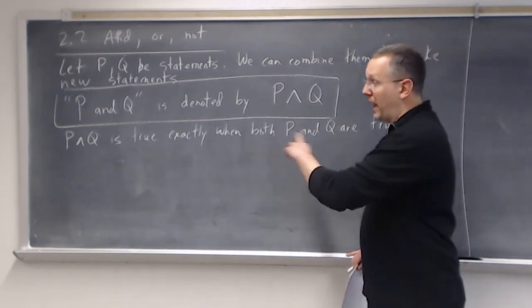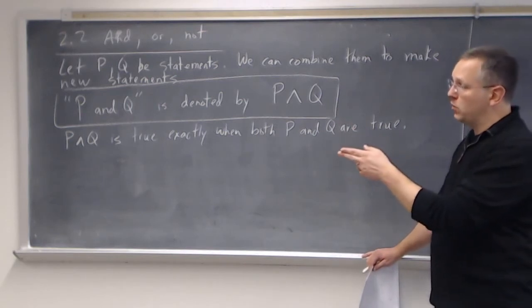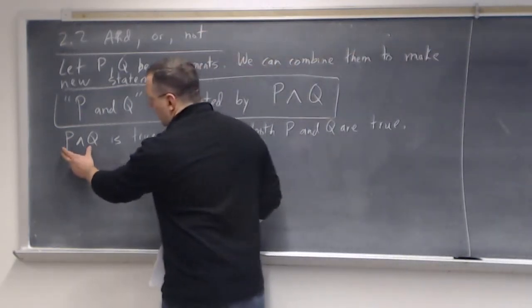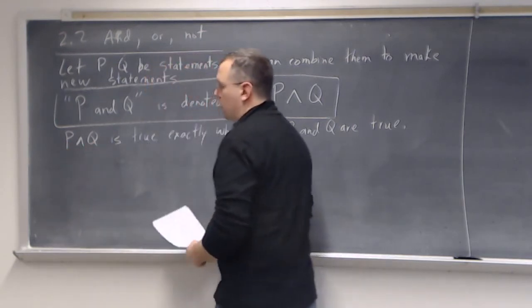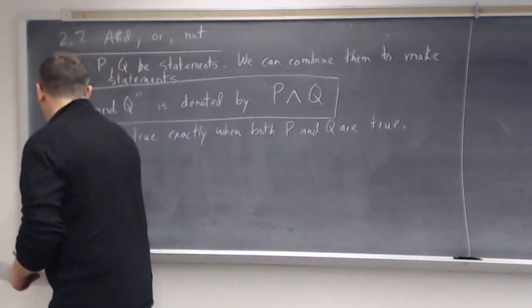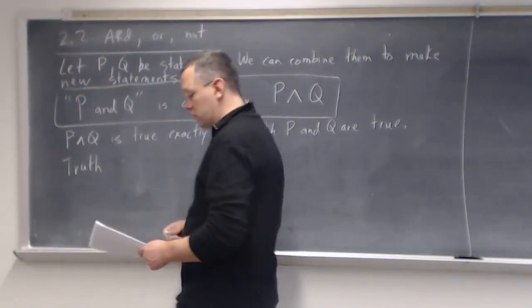We combine them with ands and look at all the possible truth values, which depend on the truth values for P and for Q. A truth table is used to keep track of all these different possibilities.